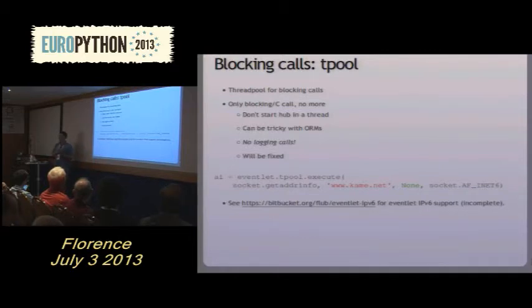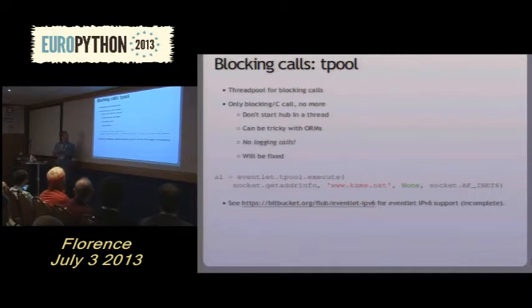Another way to deal with blocking calls is that Eventlet comes with a tpool module, which is like a thread pool. If you have to do something that really is blocking, a common example is a database that only provides a blocking API, or you've got an extension module that uses one, and you can't do anything about that. In that case, you have to run it in a thread pool.